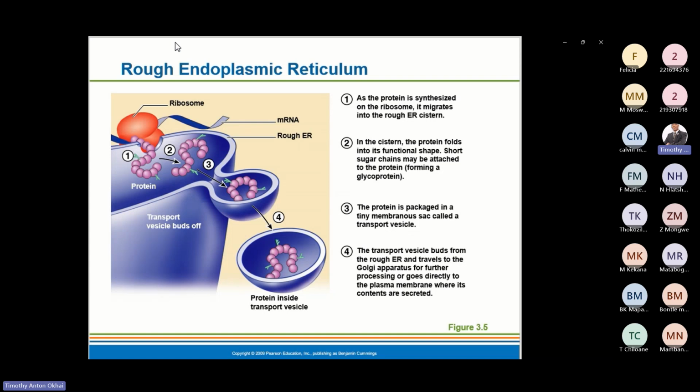So here we have the rough endoplasmic reticulum. This is our protein here. That's our messenger RNA and our rough endoplasmic reticulum. So these are proteins here that have been synthesized and they're carried through this transport vesicle, and you can see the protein inside the transport vesicle being transported, and you can see the stages involved in that process of the synthesis of protein by the ribosome and how they are transported through these transport vesicles.